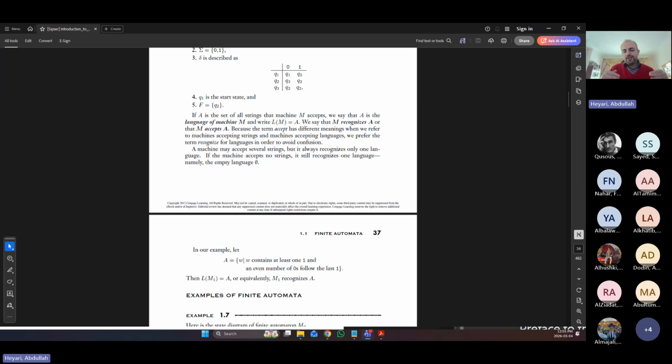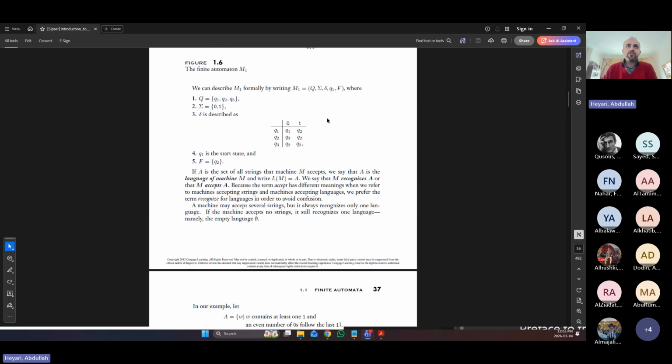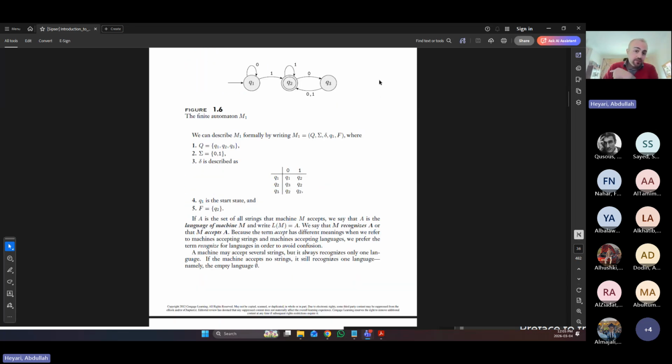We say that this machine, this automaton, accepts a language, accepts a string followed by another different string. The set of all strings acceptable by this machine is called the language accepted by this machine. And we keep revisiting the concept of the formal definition of a machine.